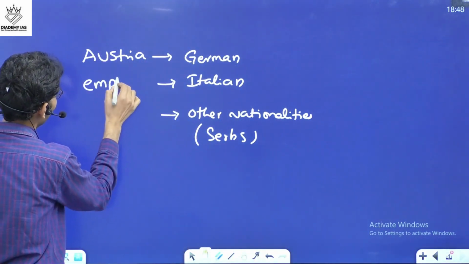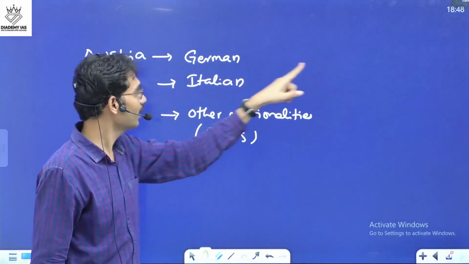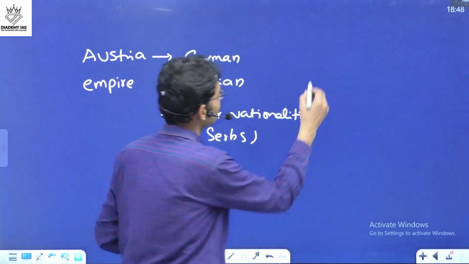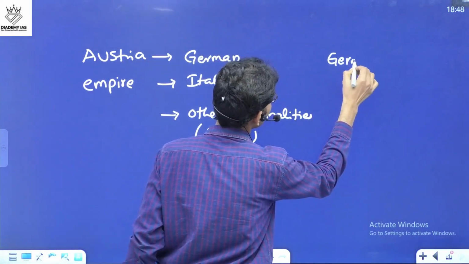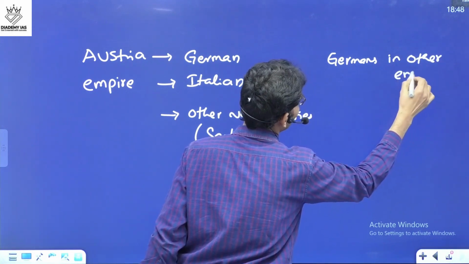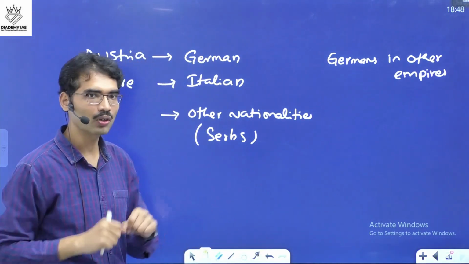Now German people don't want to stay under the Austrian Empire because there are Germans in other empires. Some kingdoms belong to the German people alone.